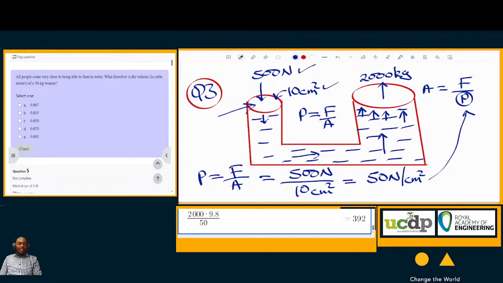While doing that, you're trying to increase your area, and once you increase your area, you reduce your pressure. So you have a larger surface area and less pressure going downwards. All people come very close to being able to float in water. What therefore is the volume in cubic meters of a 50 kilogram woman?